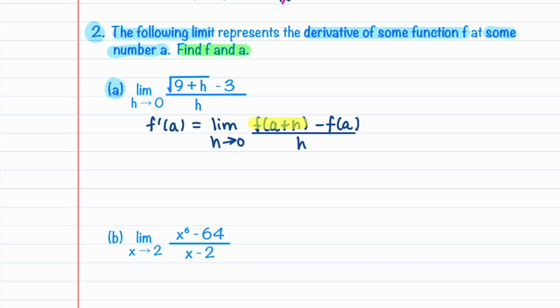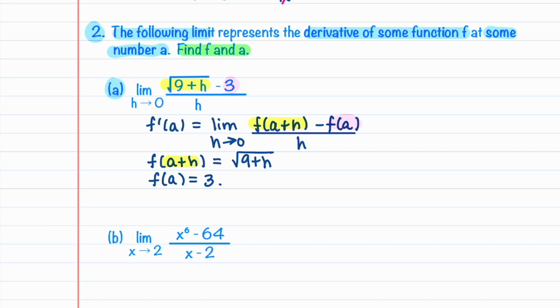Our f of a plus h is equal to the square root of 9 plus h. Let's write that down. F of a plus h is the square root of 9 plus h, and then f of a is equal to 3. With this information, we can find out what f and a are equal to.